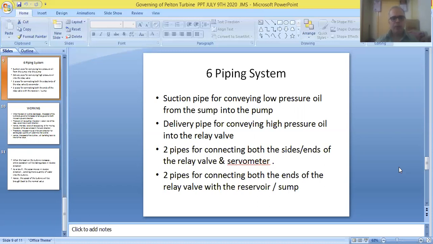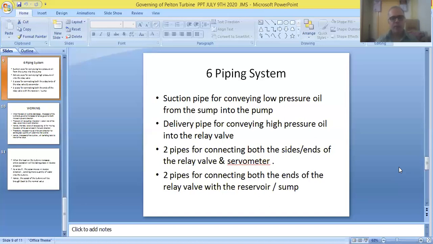Apart from that, we have to use some more pipelines also. Two pipelines for connecting both sides of both the cylinders, and two more pipes for connecting both sides of the first cylinder with the oil reservoir.